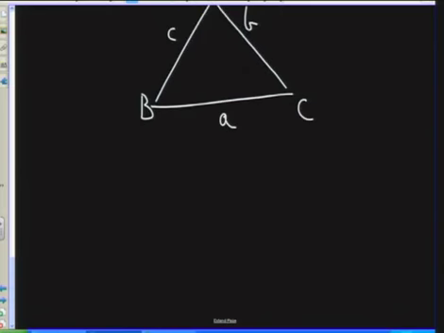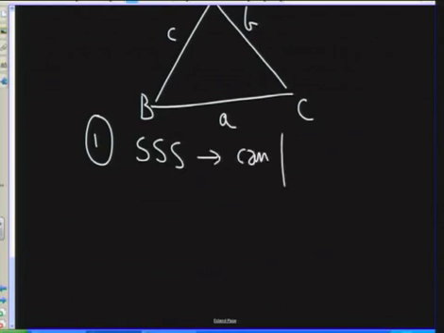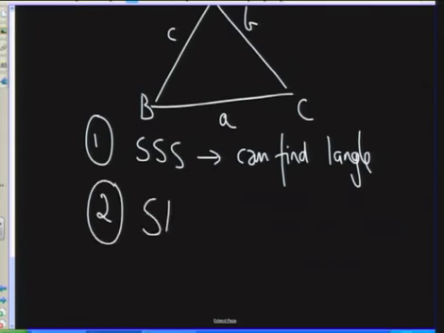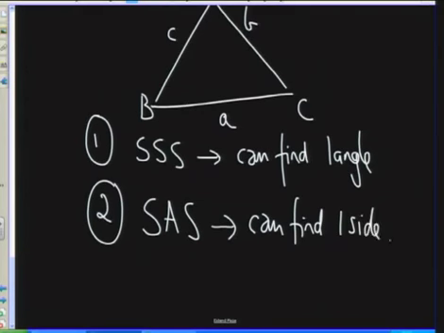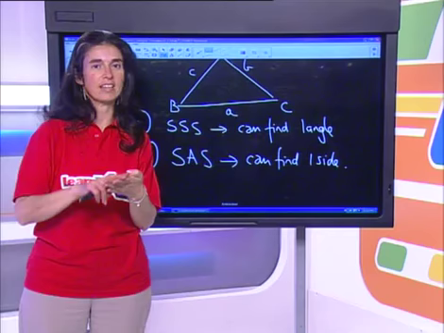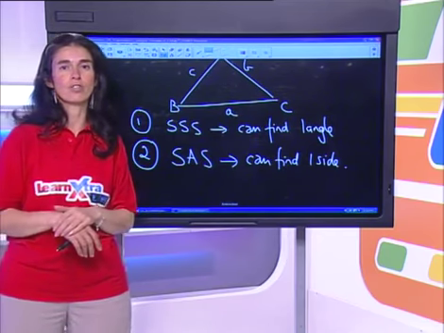One, if I've got the three sides, SSS, I can find one angle. And two, also like the area rule, if I have SAS, I can find the last side. So we have two conditions for the cos rule. If I have three sides, I can find one angle, and if I have side angle side, I can find one side. And that's basically the four criteria for solving triangles.